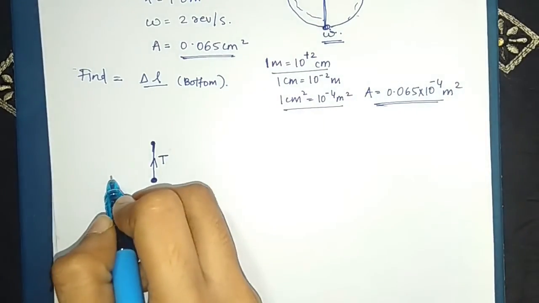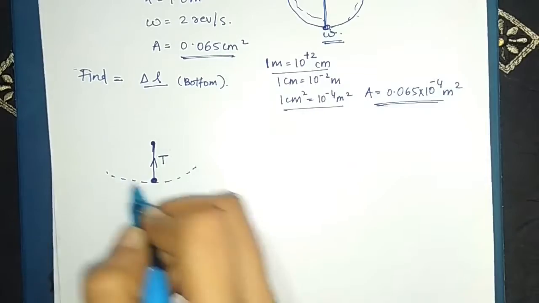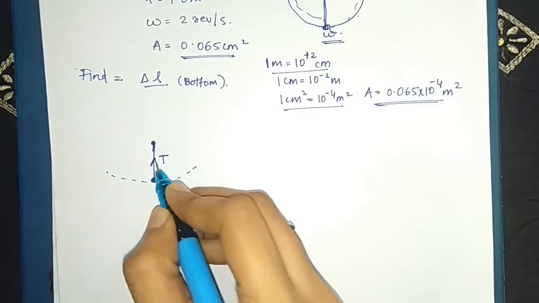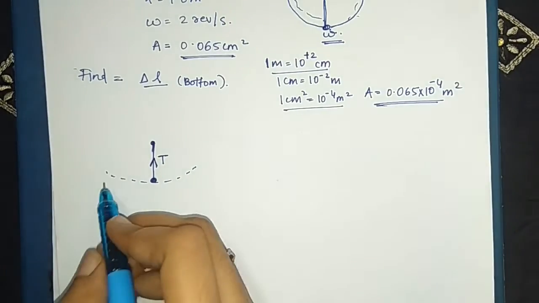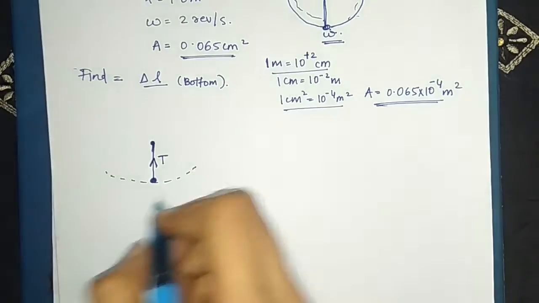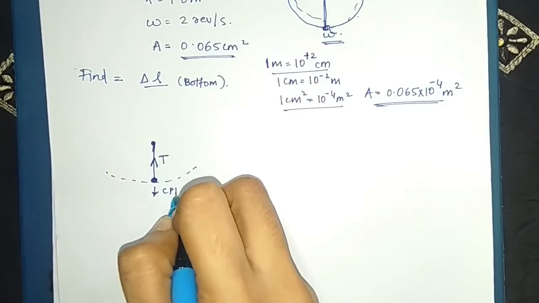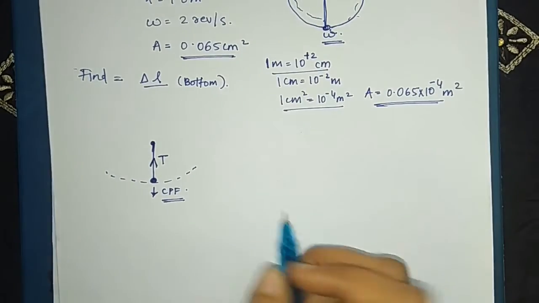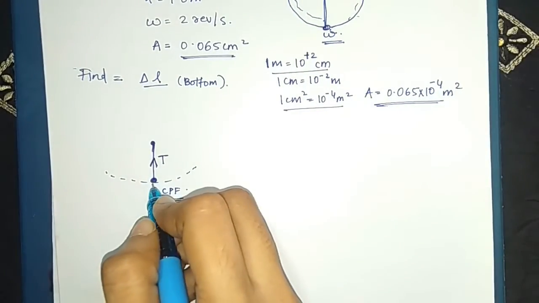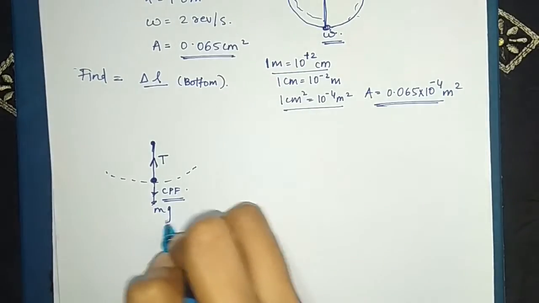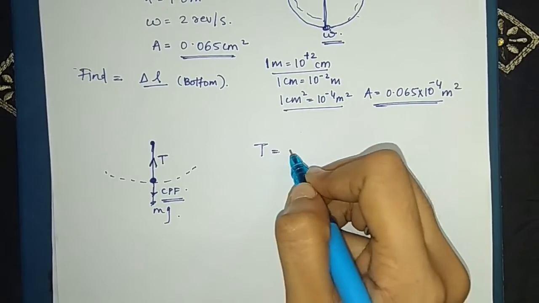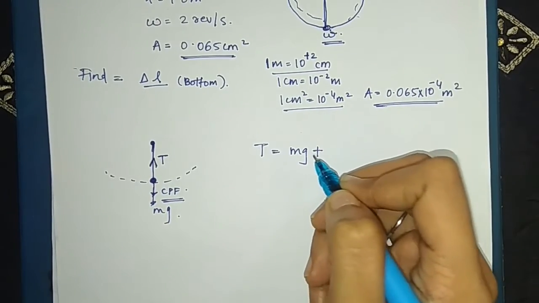As the body is undergoing circular motion, there must be a centripetal force acting outwards. And because of the mass there will be mg also. So this force can be balanced as in equilibrium: tension will be equal to mg plus the centripetal force.